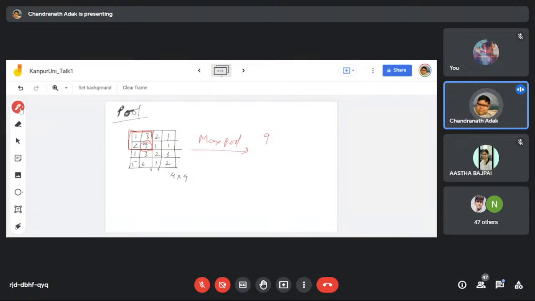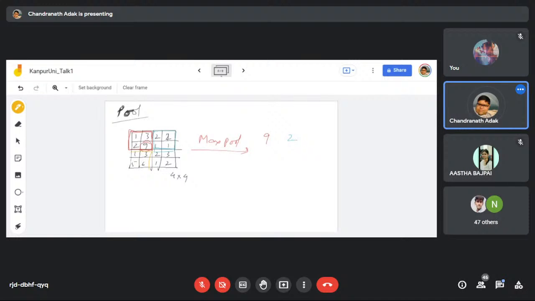Now think of this cyan or blue color box. Which one is the maximum? 2. Suppose this position is also 2. So the max of 2, 2, 1, 1, obviously 2 is the maximum.